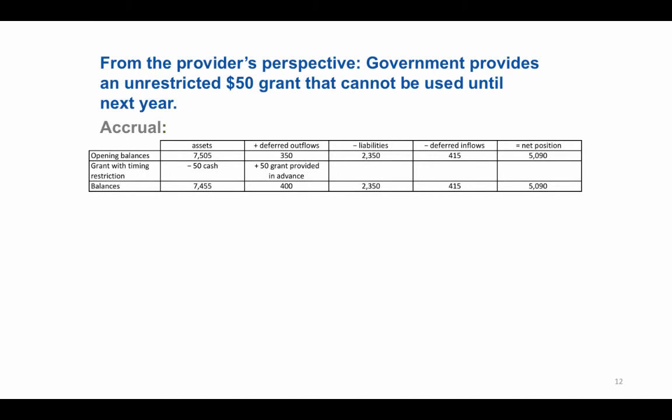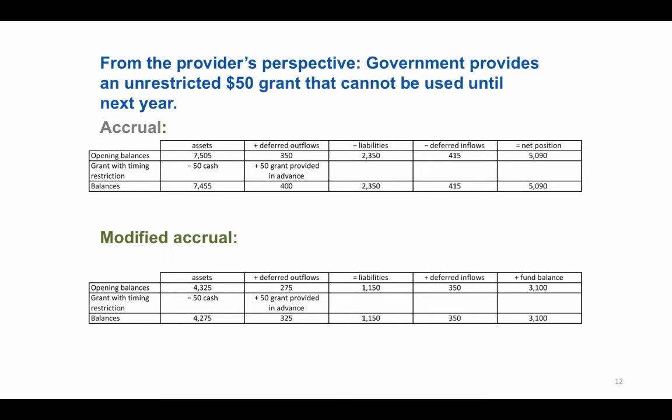In this case, with this grant, the recipient recognized a deferred inflow of resources, so the provider is going to recognize a deferred outflow of resources. It has $50 less in cash, but now it has a deferred outflow of resources. The outflow has taken place, but it's related to a future period, so this is not the proper time to report that outflow as expense.